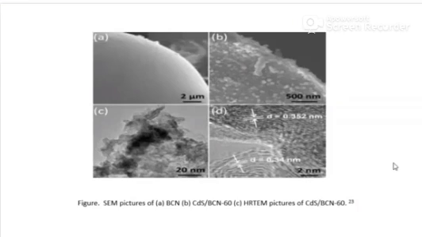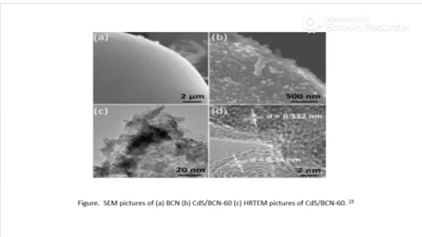In the next slide, it shows the detailed morphological structure study and absorbance features of our photocatalyst, that is the cadmium sulfide BCN composite.